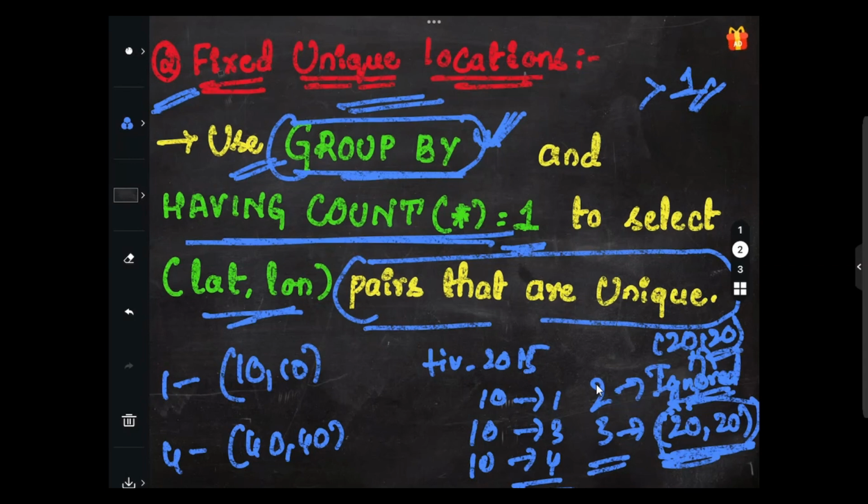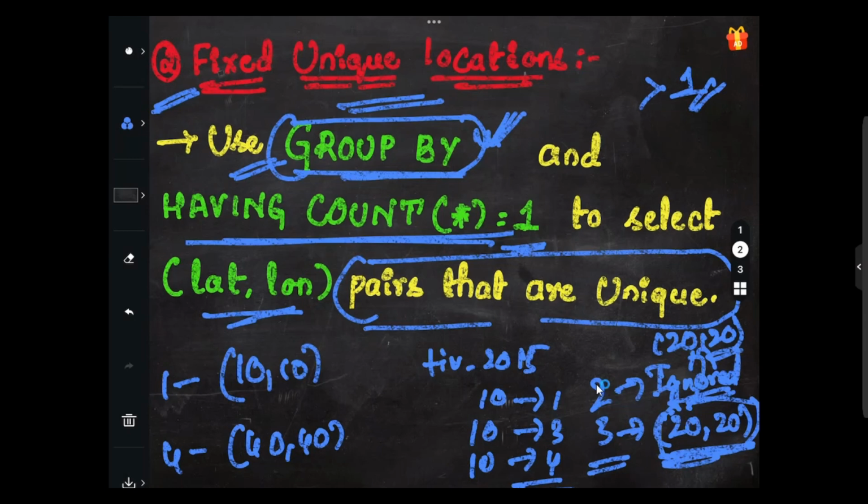So 1 and 4 have 10, 10 and 40, 40 latitude and longitude, where they share different locations, so that is the reason we are considering 1 and 4 here. That's what we do: use group by and having count of star equals 1 to select the latitude and longitude pairs that are unique.